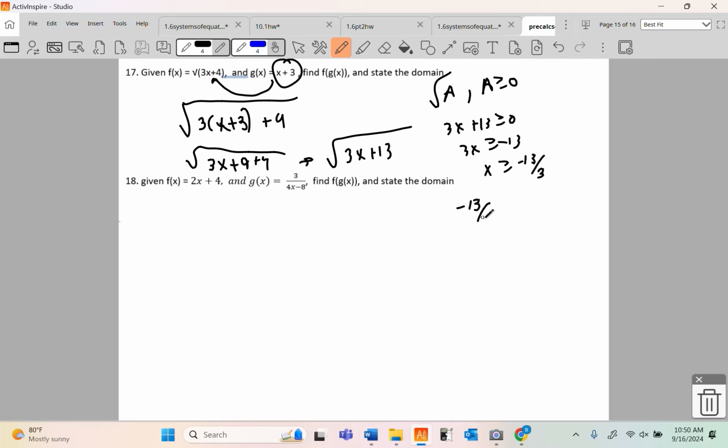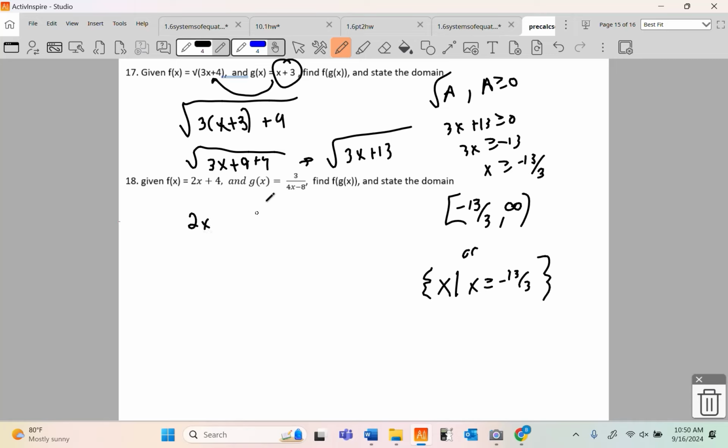You could say negative 13 thirds with a bracket to infinity, because that's perfectly valid. Or you could just do set builder. I did not specify which one I wanted you to do, and I'm not going to specify which one I want you to do. All right, the next one's a little bit harder.